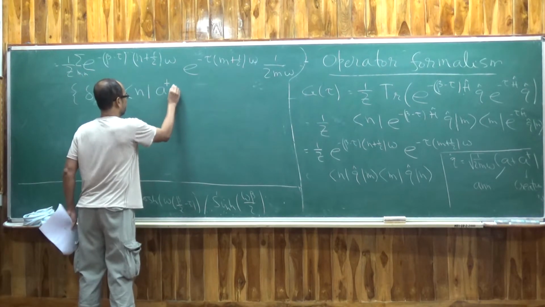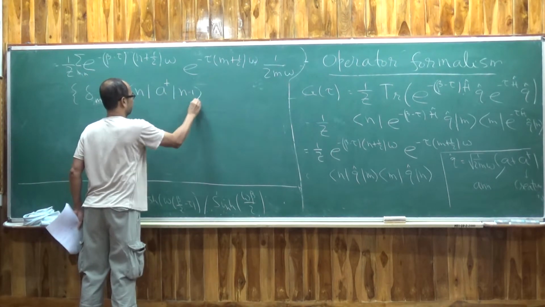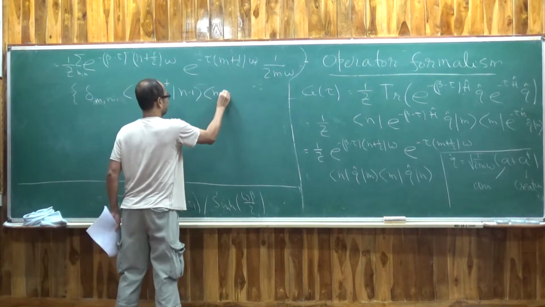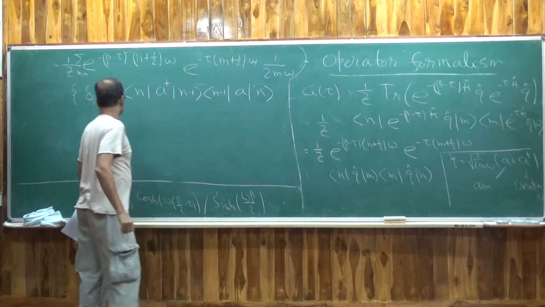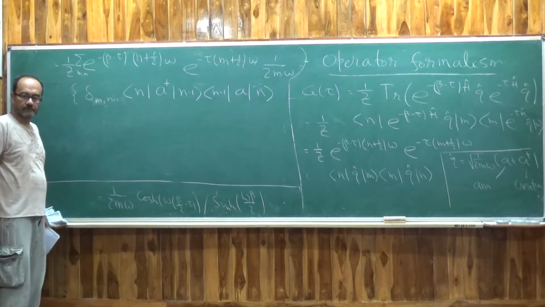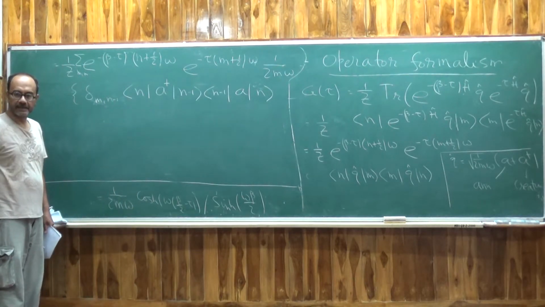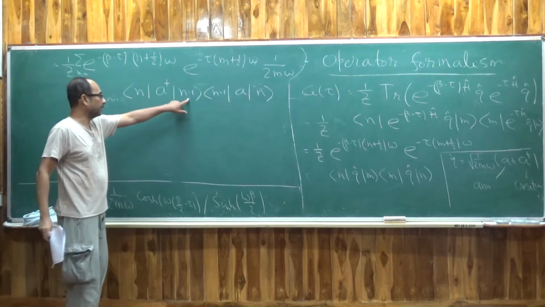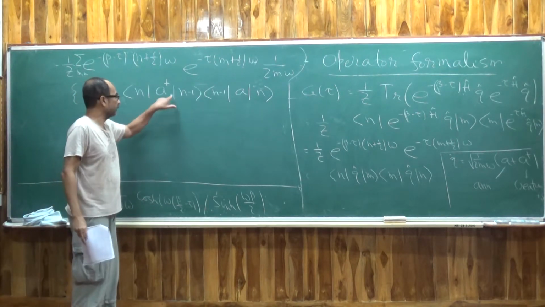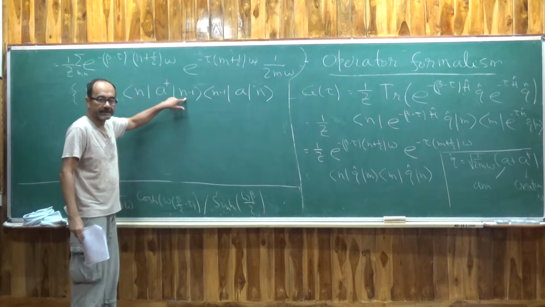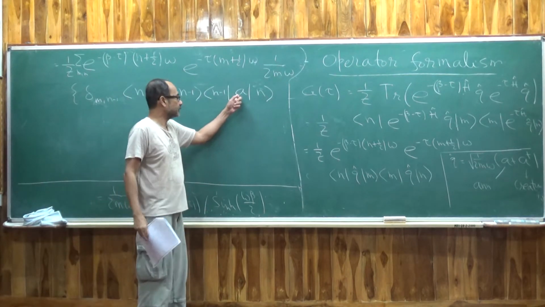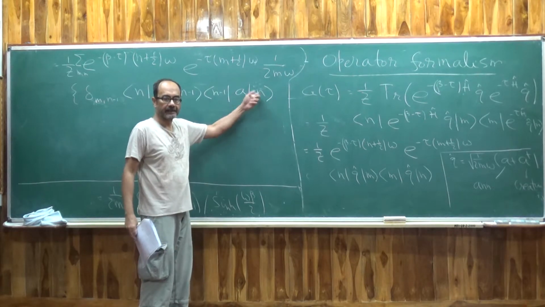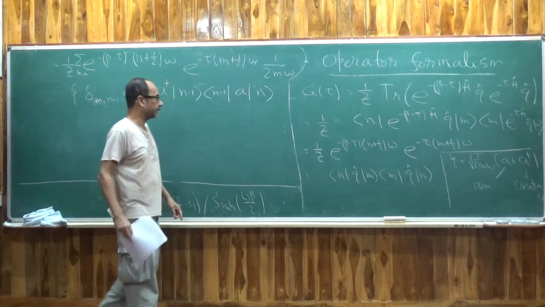then this has to be a dagger. Is this clear? See, if m is n minus 1, then this has to be a dagger because a dagger has to raise this so that you get a non-zero inner product. And similarly, this has to be a, because a has to lower this to get a non-zero.